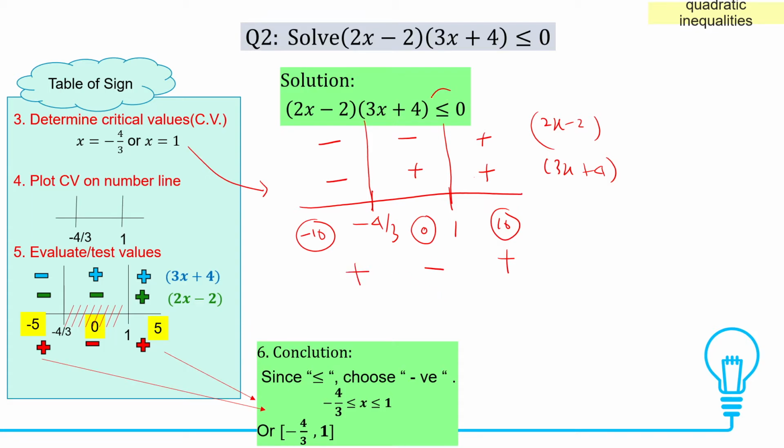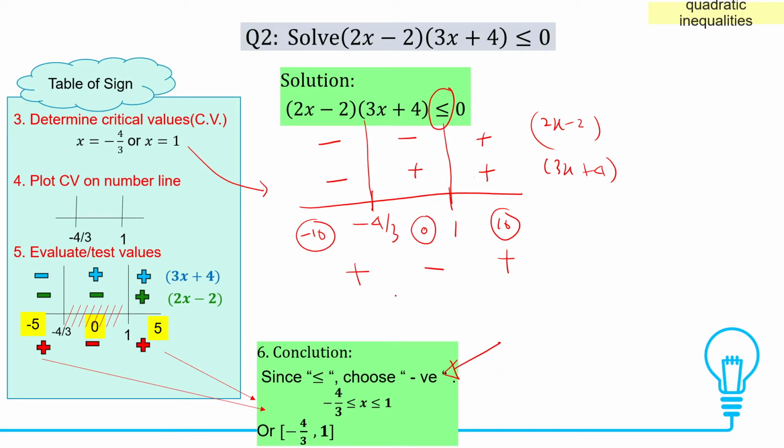And since this is less than equal than, I'm going to choose a negative area, is this one. Okay, so since it's less than equal, choose negative. So this is negative 4 over 3, less than equals this one. Okay, maybe you ask, do you need to write this statement?